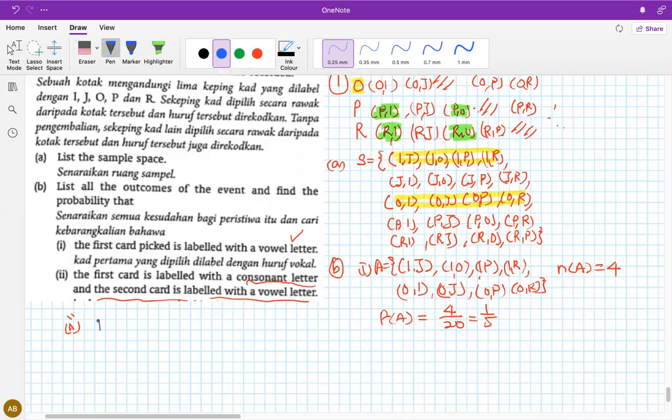Okay, so we said this is event B. So event B has RI, RO, PI, PO, and JI, JO.